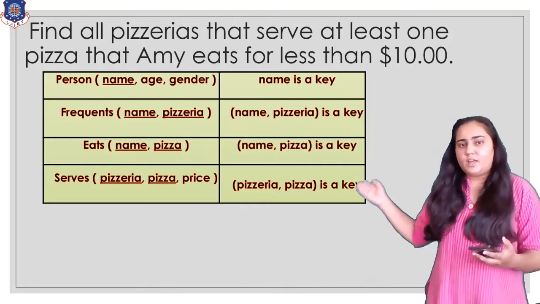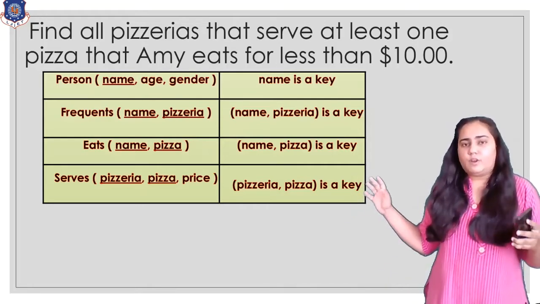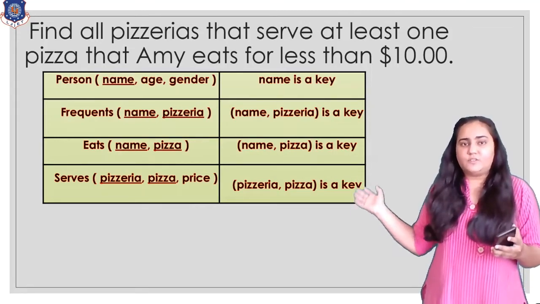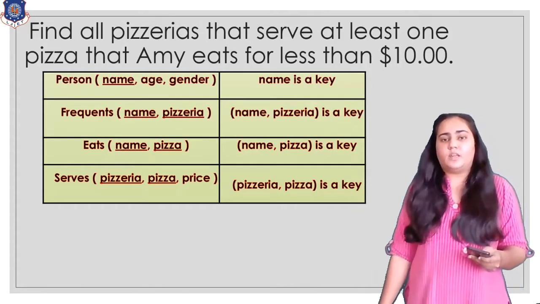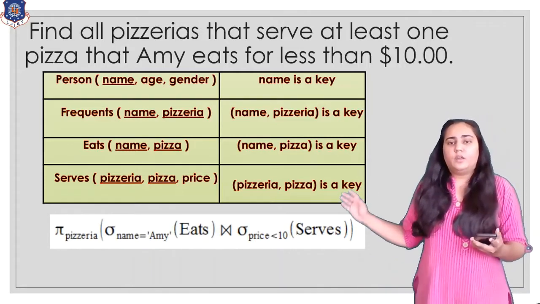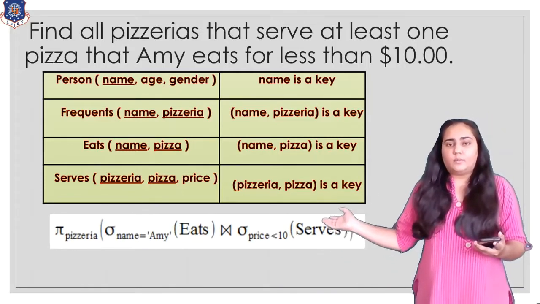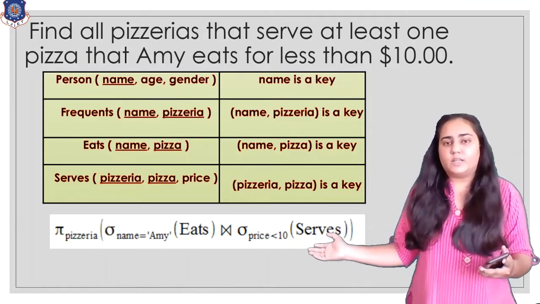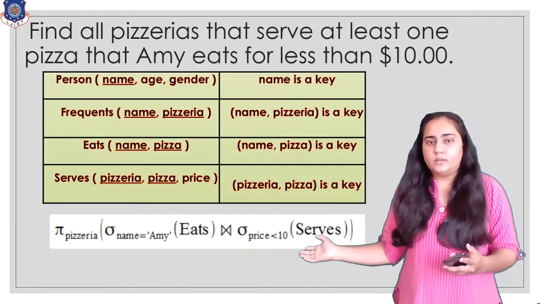So I have identified the tables that I require. They are serves and eats. And I can write my query in this manner. First of all, from the serves table, I'm keeping only those rows where the price of the pizza is less than 10.